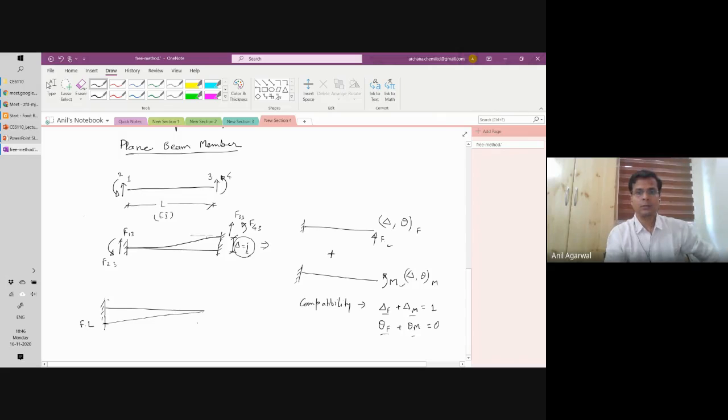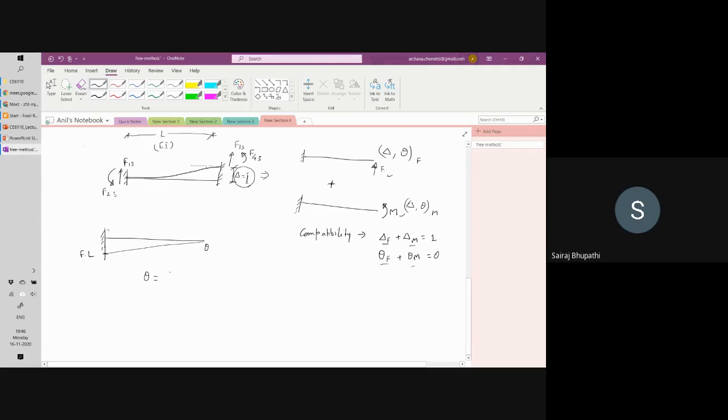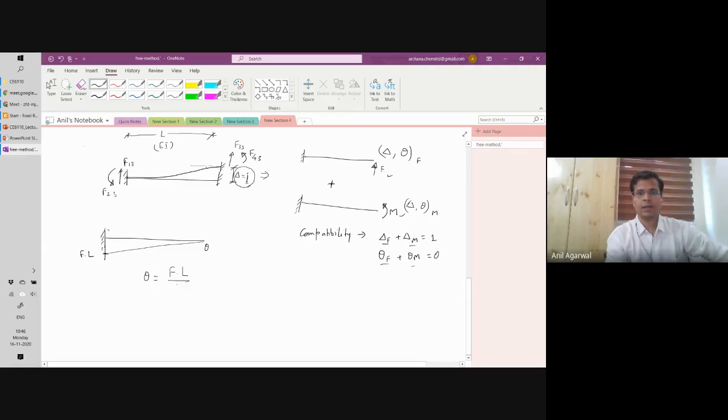Okay, let me solve this one first. So theta at this location, which method would I use to calculate theta here? It's a cantilever problem. Moment area method, right? So FL divided by EI. What is the area of this triangle? FL divided by EI multiplied by L by 2.